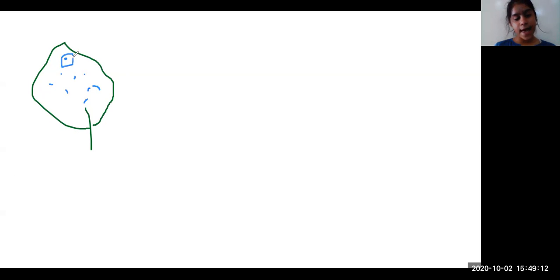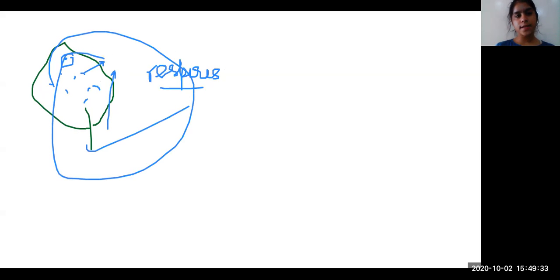Now this process, when the plant respires, जब प्लांट अपने में से वाटर निकालता है बाहर, this whole process is known as transpiration.